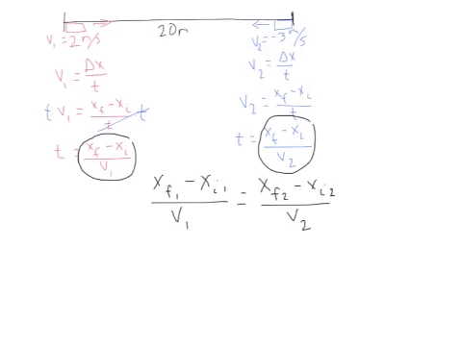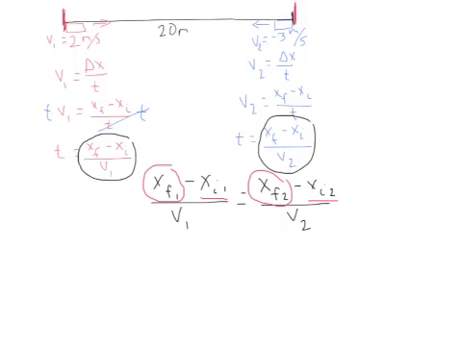We know a few of these things. First of all, we know that the final position of cart number 1 is the same as the final position of cart number 2. That's what we want to find. We know that the initial position of cart number 1 is over here, that's the mark 0. We know that the initial position of cart number 2 is over here, 20 meters away, at mark 20.